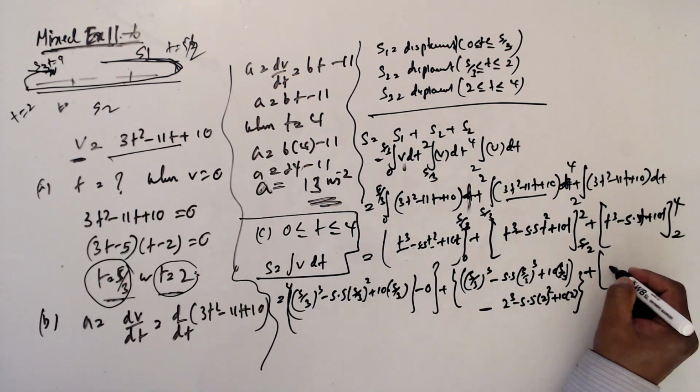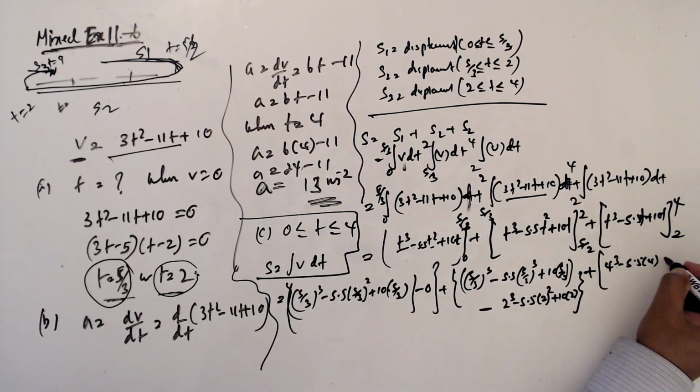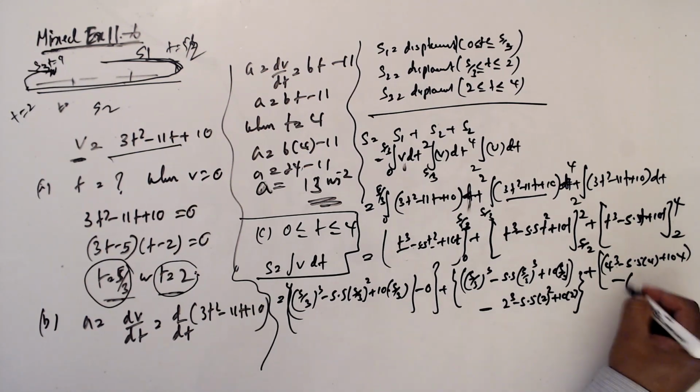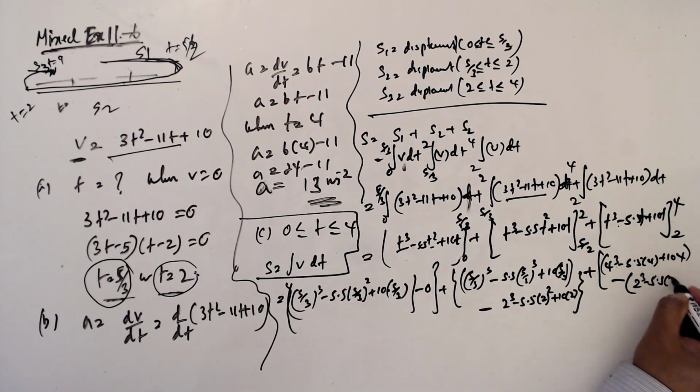First of all, 4 cube minus 5.5 times 4 square plus 10 times 4, minus this one now, 2 cube minus 5.5 times 2 square plus 10 times 2.